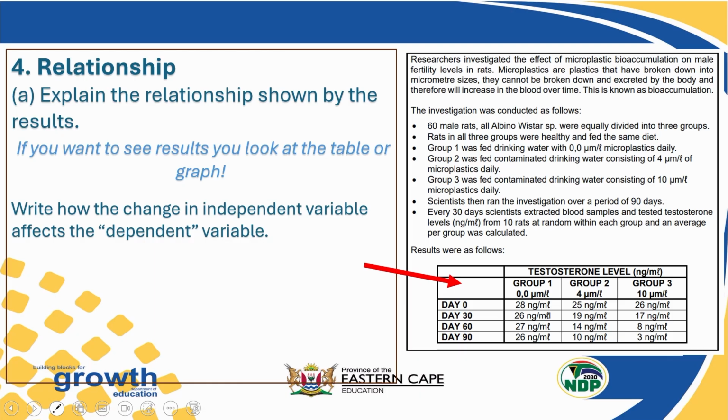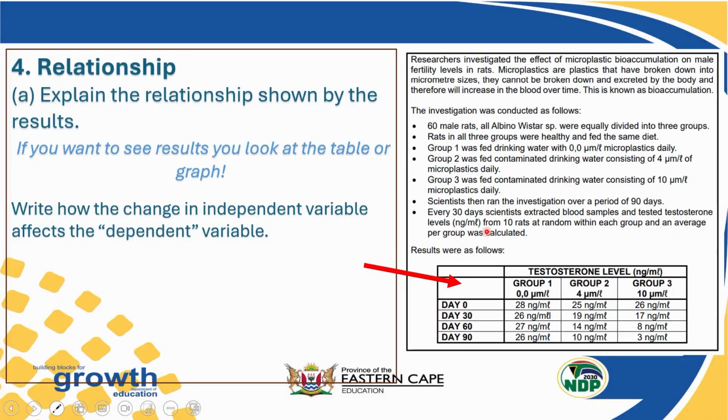Now, if we are looking at the relationship in the results, we need to look at the table because the table is where the results are being represented. Now, where do we find the results in our investigation? The results in our investigation are found in the table. And this is where we're going to look to see the relationship of the variables.